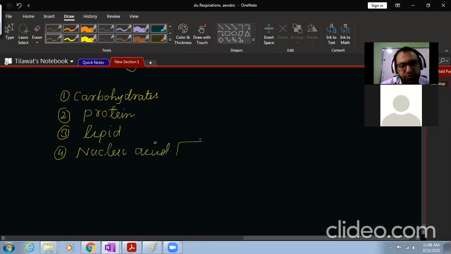Now, nucleic acid, we have two types. One is DNA, another we have RNA. Ribonucleic acid, RNA, and deoxyribonucleic acid, DNA.